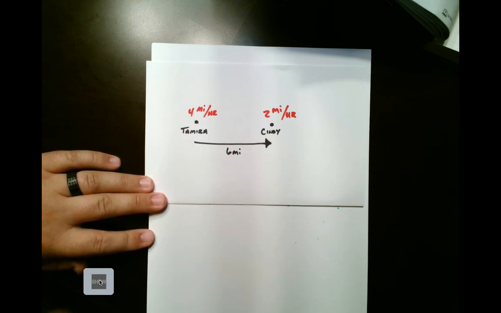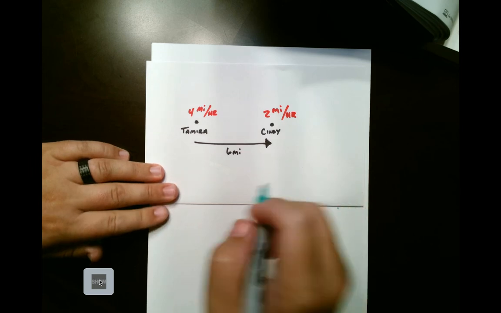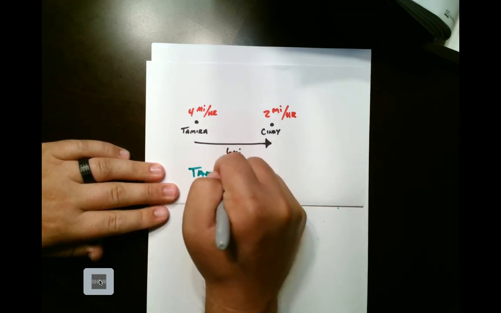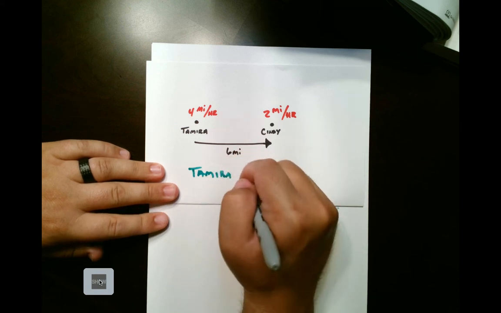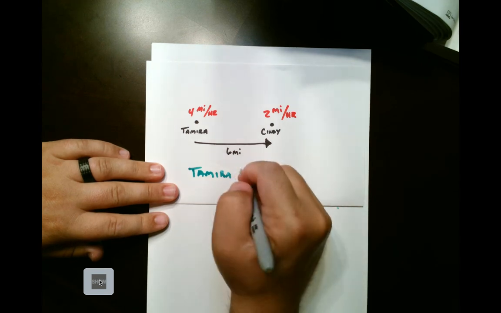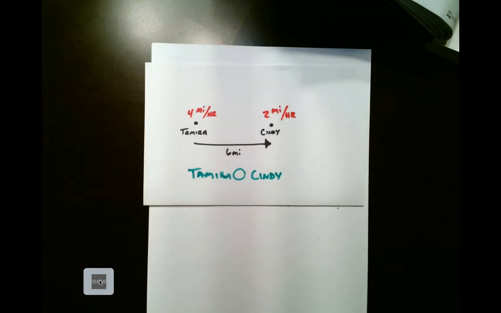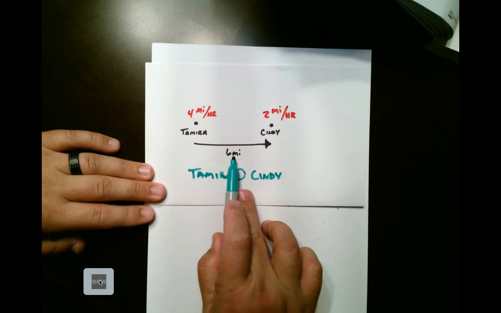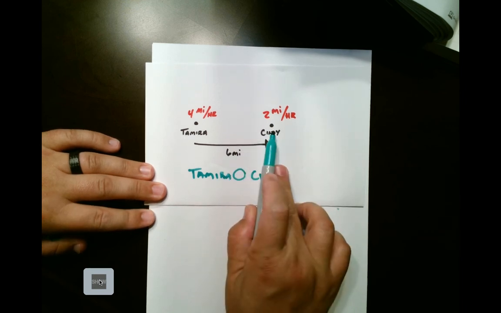So what I want to do is create an inequality where the left side is going to be Tamara, and the right side is going to be Cindy. And then we're going to have some sort of inequality symbol in the middle. They're saying Cindy was 6 miles ahead, so I'm going to include that with Cindy.